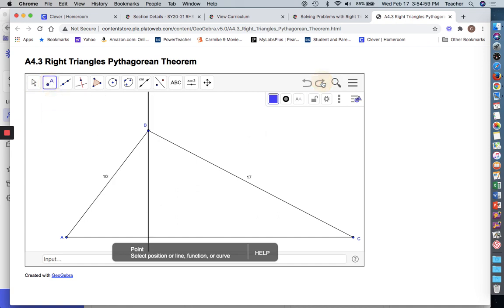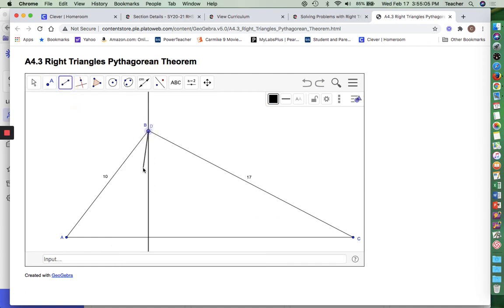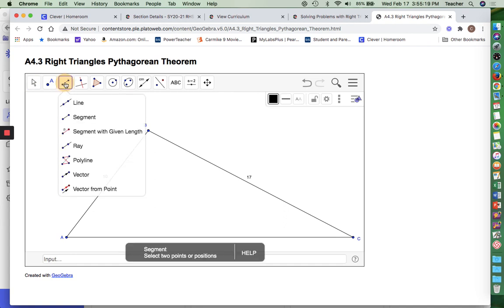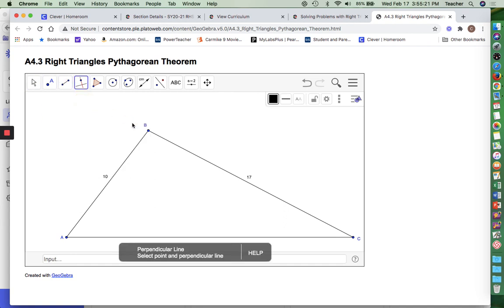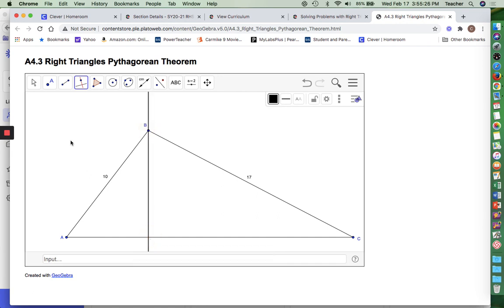Oh my goodness. I have to draw a segment. I need that to be stuck on there. Right now it's blue.